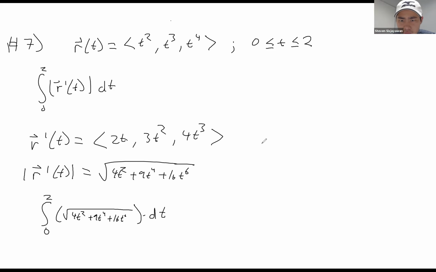This will be a really rough integral, but let's see if we can condense it down. We can simplify the radical into t times the square root of 4 plus 9t squared plus 16t to the fourth. That's one way of simplifying it, but you would have to use a calculator. This is a messy integral to deal with.